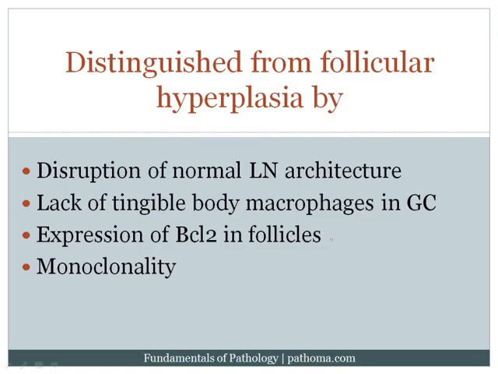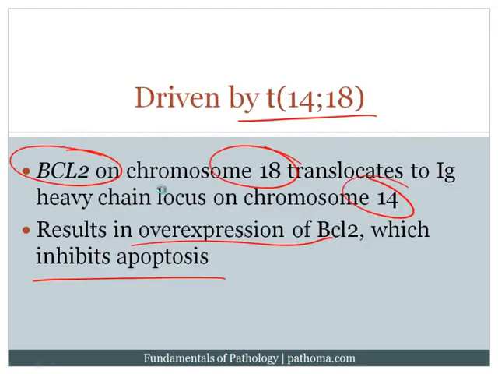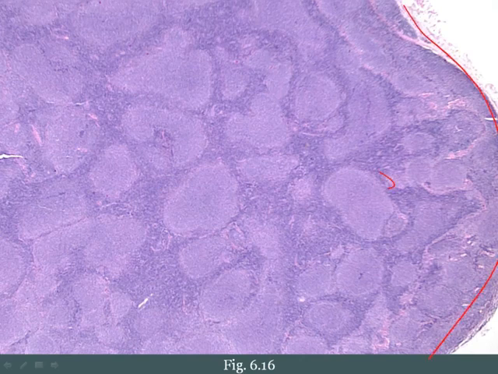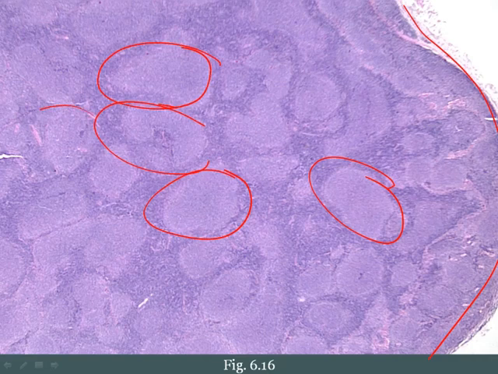Well, number one, when we have follicular lymphoma, there'll be disruption of the lymph node architecture. What do I mean by that? Well, I'm going to take you back a couple slides to this picture which I had drawn here, and let's look at this lymph node again. When we look at this lymph node, what we see is that there are follicles throughout the entire lymph node, and we don't see any other structures.